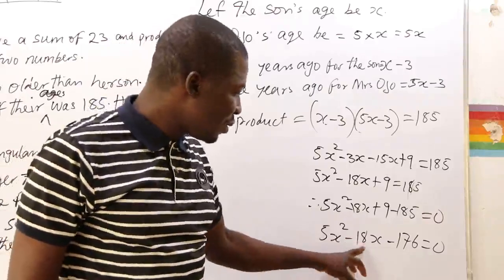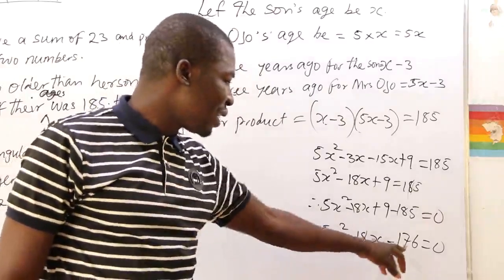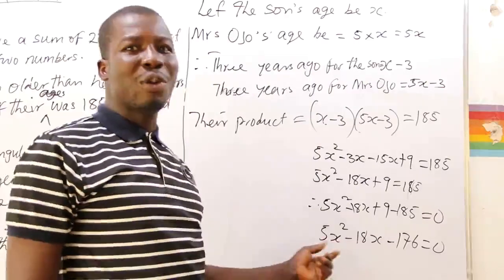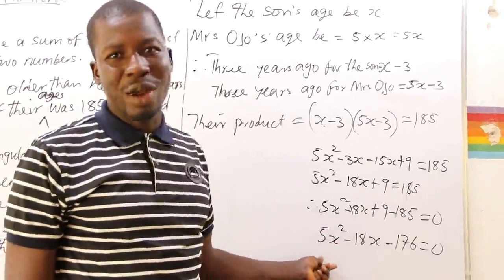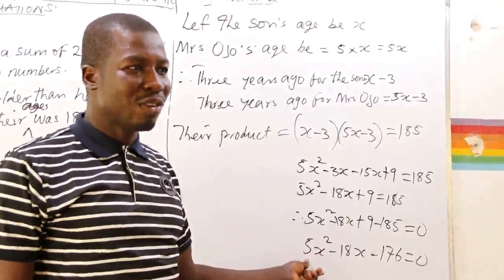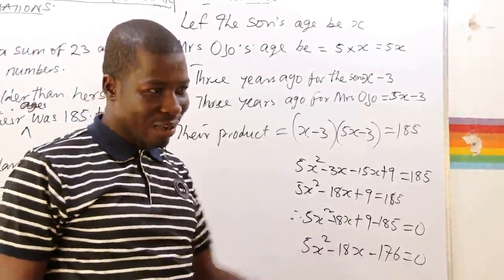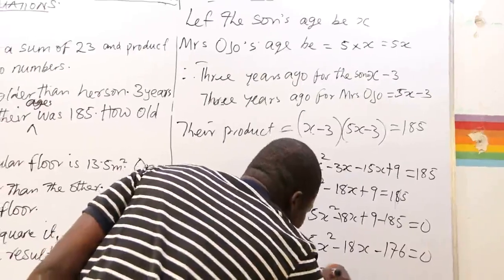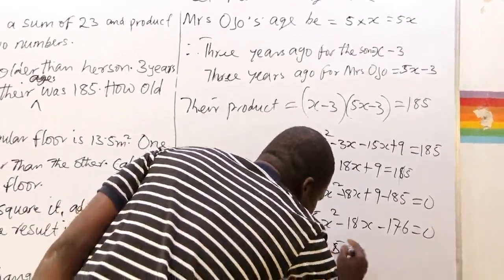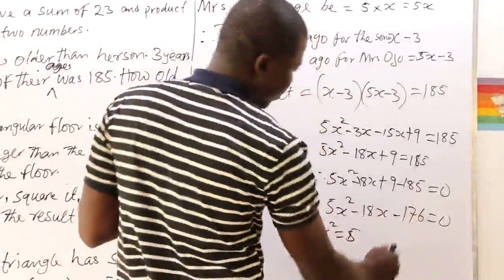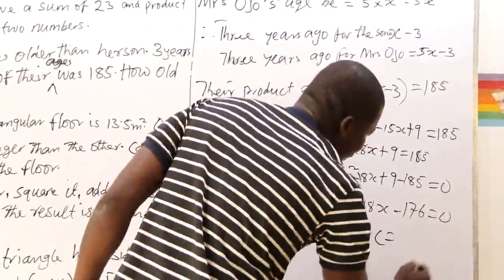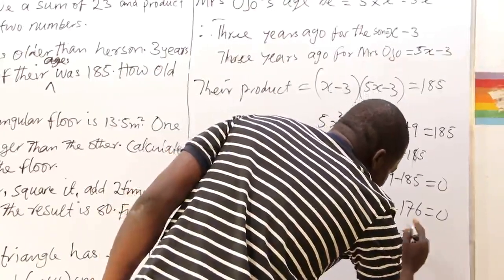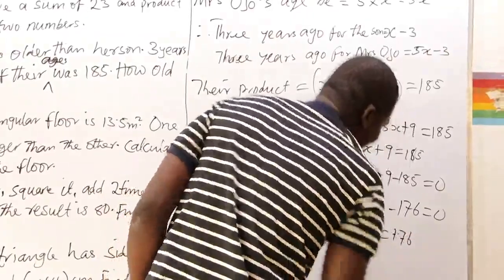Now looking at this, when you express this, you discover that there is not any set of numbers that will satisfy this problem. But the coefficient of x squared is not 1. So that means we are going to use the coefficient of x squared to multiply the constant. This implies our x squared coefficient is 5, and the constant here, c, is minus 176.